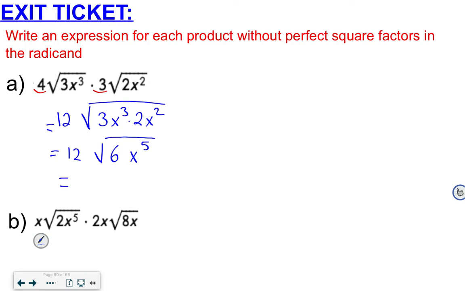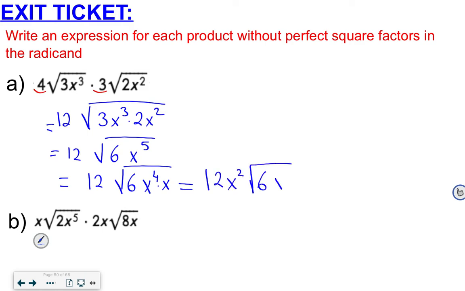Even if you factorize, you cannot get any perfect square. So 12 radical 6 times x to the power 4 times x. X to the power 4 can be taken out of the root as an x squared. 12x squared radical 6x is your answer.